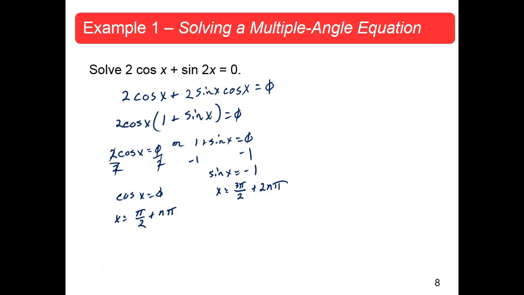The book does it the other way, okay? Except, notice here, the 3 halves pi shows up down here too, doesn't it? Yeah. So guess what? We don't need that. We've already included those here. So basically, it's pi halves plus n pi.